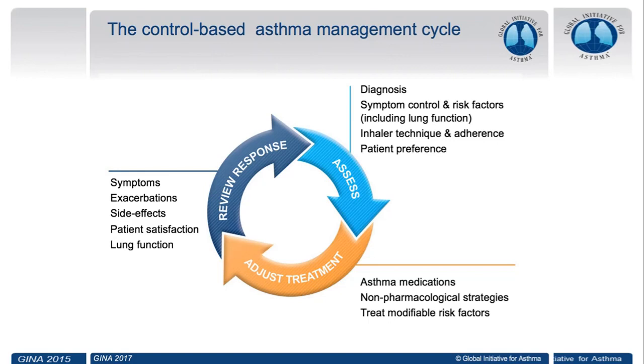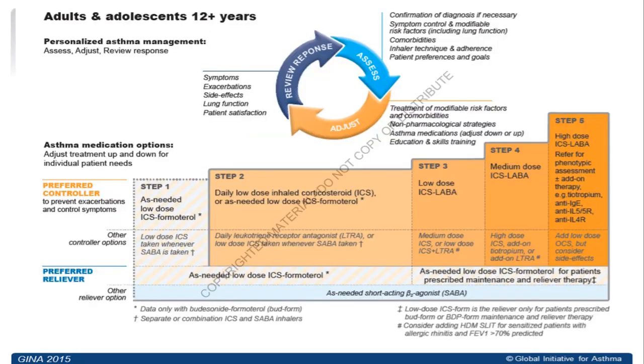We must also ask at every visit about the patient's adherence to the medication, pharmacological and non-pharmacological, which medication, how the patient is using it, all this, and also the symptoms, exacerbations, side effects, patient satisfaction, and lung function every 3 months.